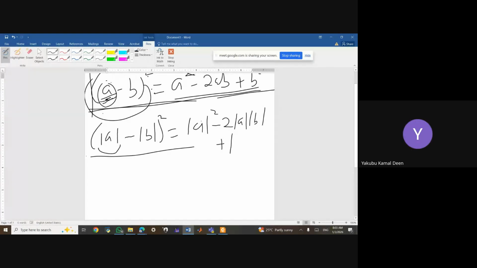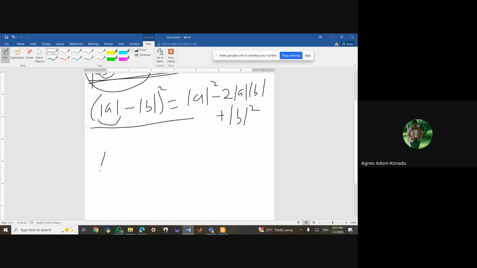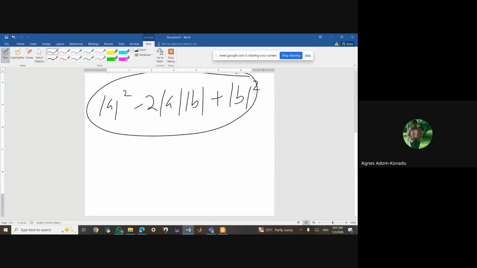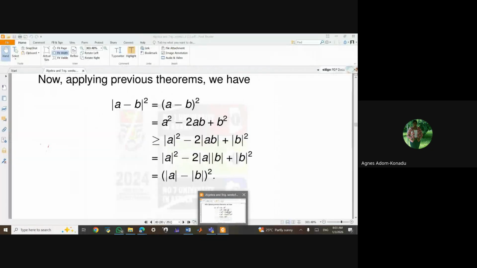It's not bad. So this is what you saw: absolute of A squared minus 2 absolute of A absolute of B plus absolute of B squared, and in place of this, I can write absolute of A minus absolute of B all squared.